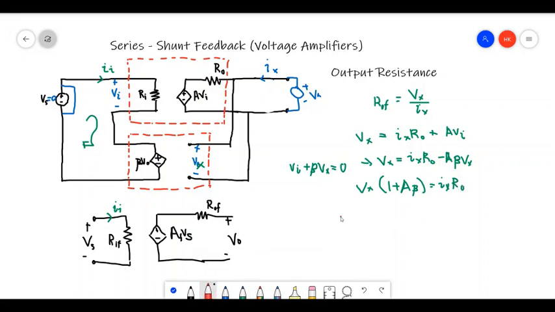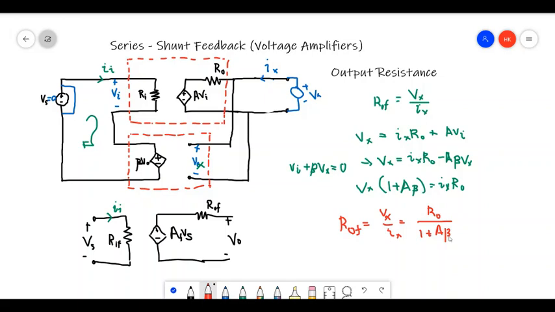So in the end, you can write ROF, which is Vx over Ix. We can arrange the terms here, so you will get R naught divided by 1 plus A beta. You can see that in the closed loop system, the output resistance is reduced by a factor of 1 plus A beta.